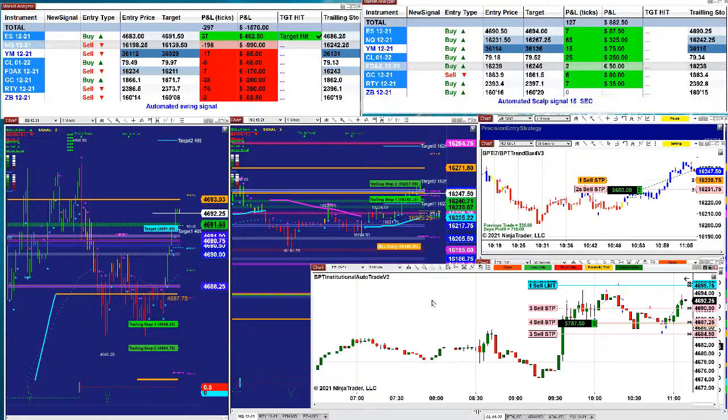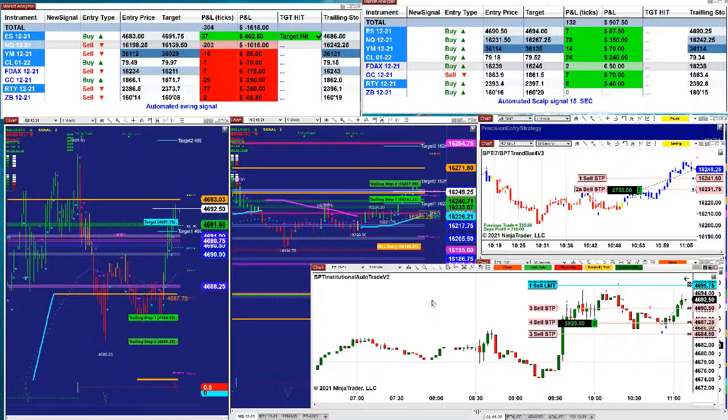You can see the auto trade going back and forth with the trade on the Nasdaq. It's trying to pull back.